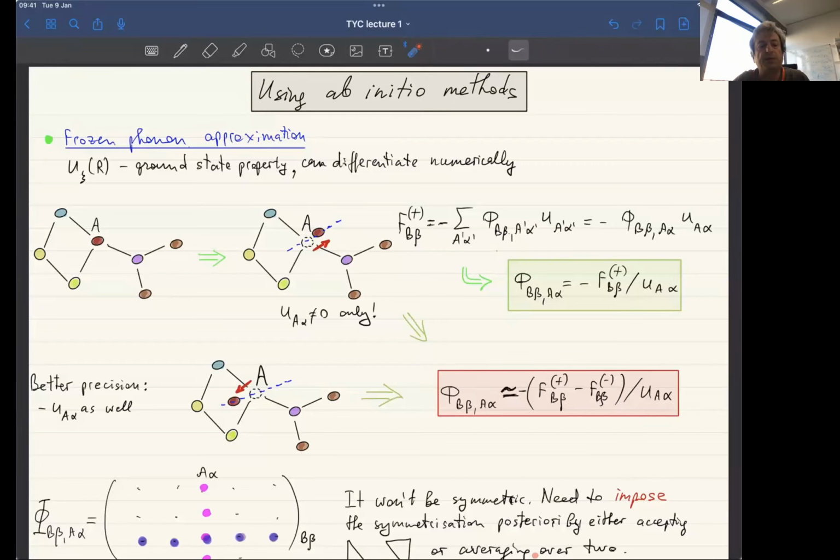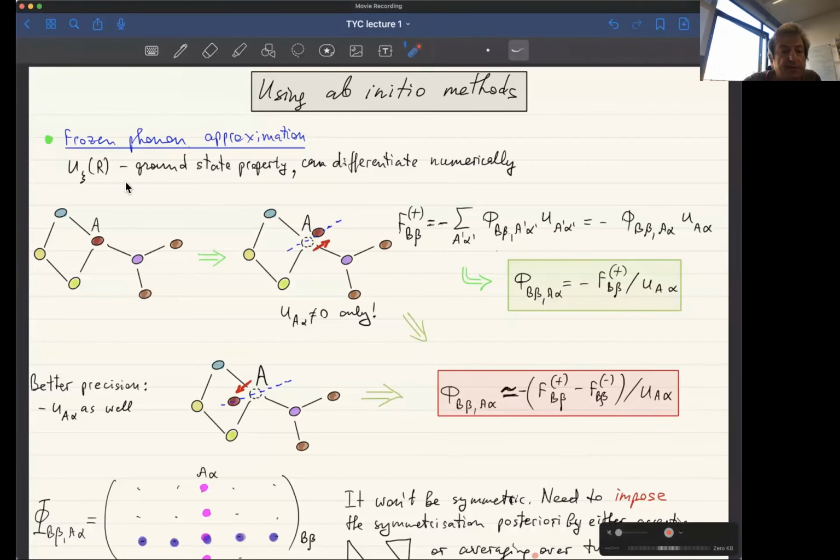What does that mean? Suppose you have a system here. Let's, for simplicity, consider a molecule, and you would like to determine all the vibrations of that molecule. What would you do? You can displace the atom A, say along the x-axis in the positive direction, and then you can displace it in the negative direction.